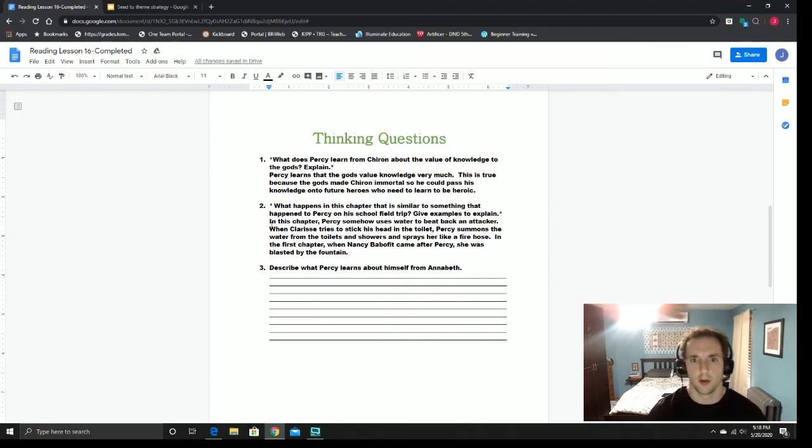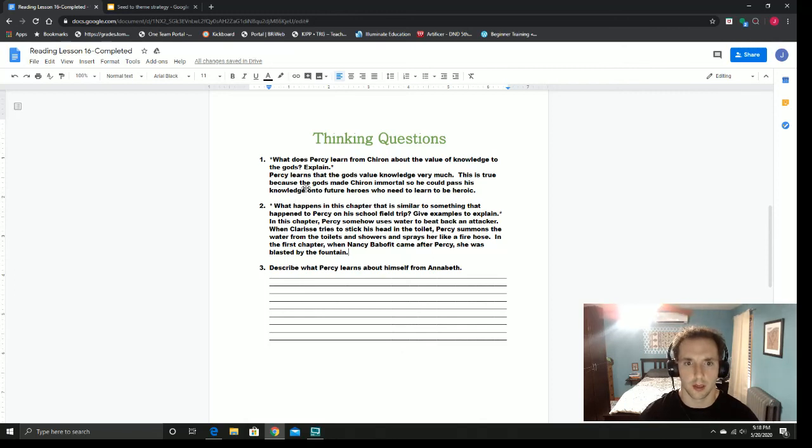All right. So we're seeing that this keeps happening, that when Percy is in danger, he has this weird power that makes the water around him work to protect him. Right? So you might start to see a topic that's starting to repeat here.